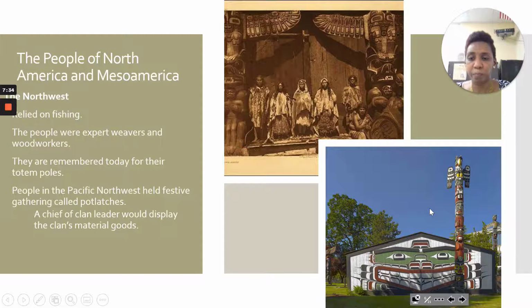They also had festive gatherings called potlatches, where the chief of the clan would display the material goods of the clan, and that's the way they would preserve their culture.